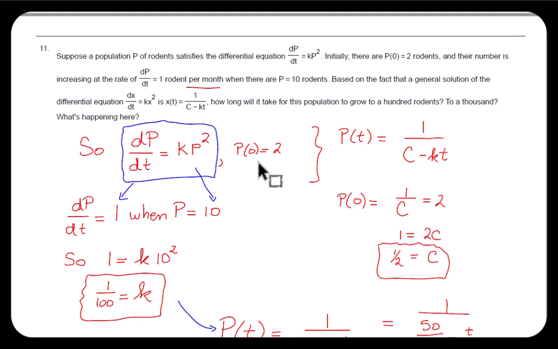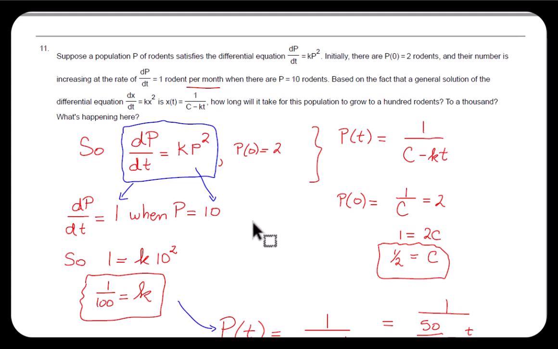We know the population at time 0 is 2. And so we fit this model, plug in 0 for time. By plugging in 0 here, that means this term is gone. And so 1 over c is 2. And so I can figure out that c is 1/2.